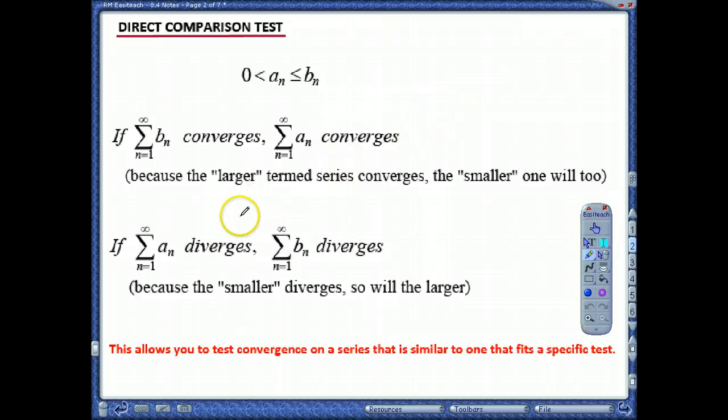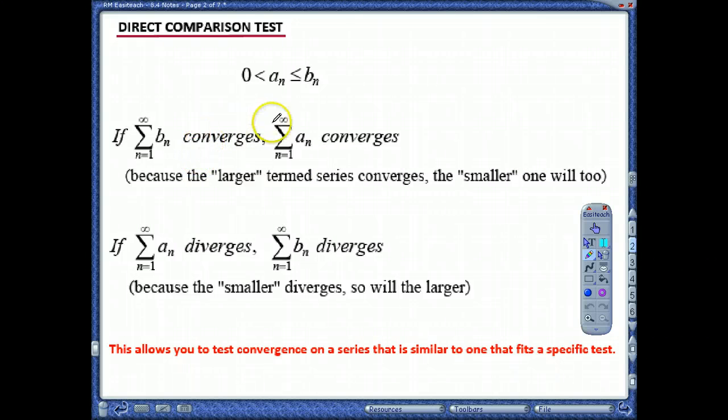For instance, if you know a larger series converges, then you know the smaller one you're trying to figure out will also converge. Because if the bigger series has a limit, then a smaller series will as well. So in that case, you have to know that a bigger series converges.